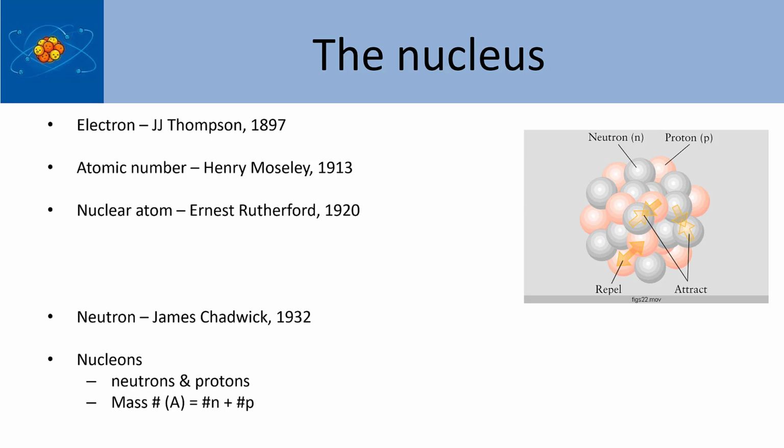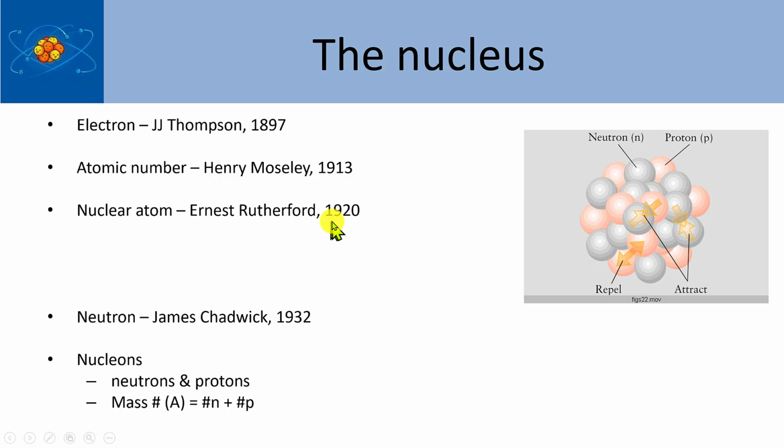So the electron was discovered, or sort of characterized, in the late 1800s by a scientist named J.J. Thomson, who was out of Cambridge University in England. After Thomson's discovery, the next major discovery that people usually talk about is that of Ernest Rutherford.